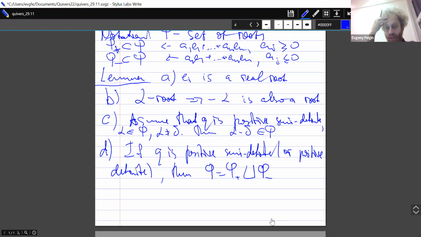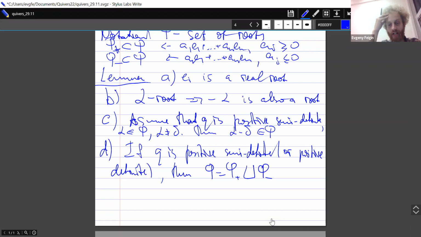For example, if the quiver is of type A, then the corresponding Lie algebra is just SL_n, and if the quiver is of type D, then the corresponding Lie algebra is SO_k, where k is an even number. And then those Lie algebras have roots. They enter the structure of the Lie algebra.